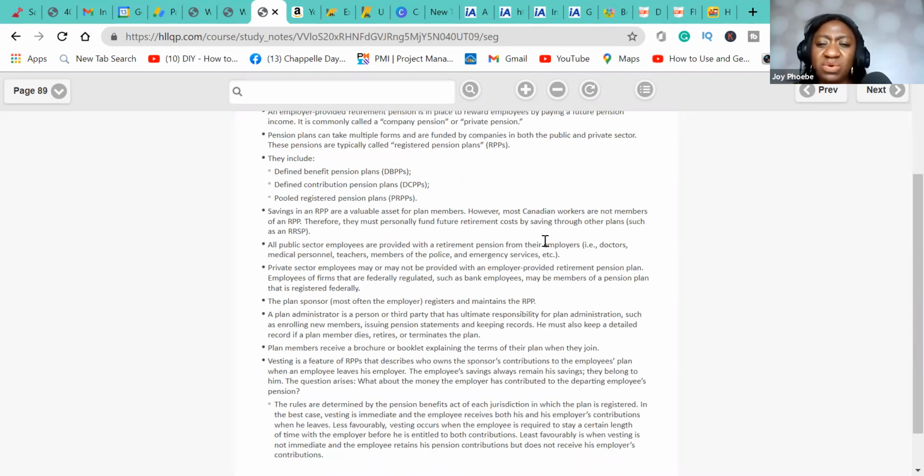However, most Canadian workers are not members of an RPP. Therefore, they must personally fund their own retirement savings through other plans. So there are some employers that don't have all these pension plans in place. In that case, the individual has to fund their retirement through their own individual RRSP account.